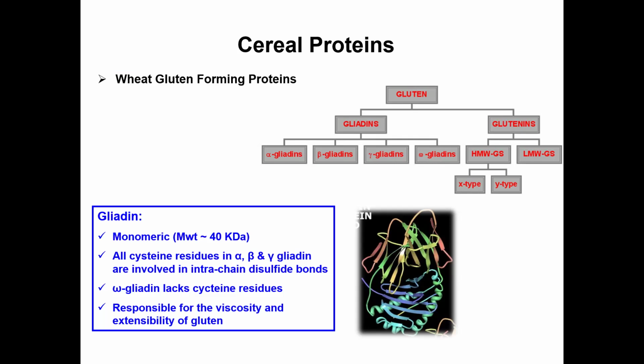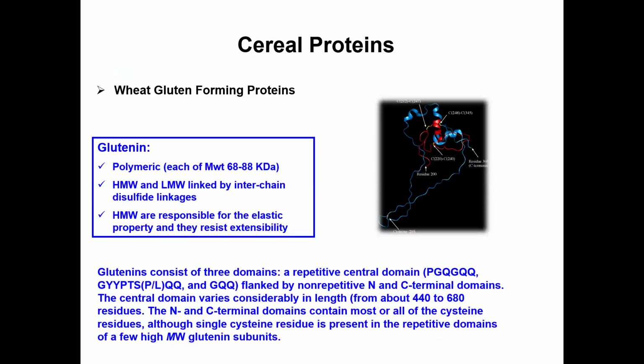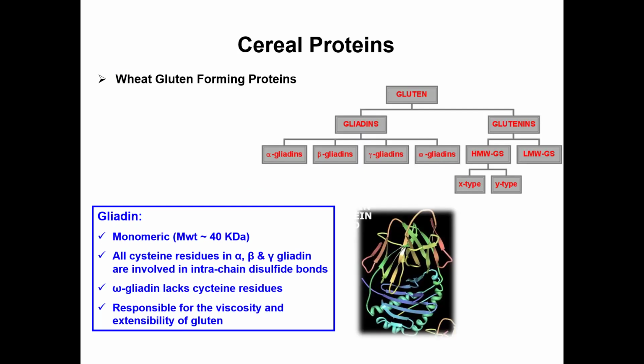And usually because gliadin is not of a large molecular weight like glutenin, it mostly contributes to viscosity and extensibility. So without gliadin, the dough is very, very elastic. With glutenin alone, you form a very strong, elastic, non-extensible dough. Under glutenin, there's the high molecular weight glutenin and the low molecular weight glutenins.